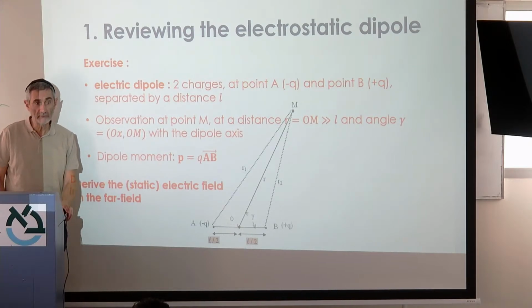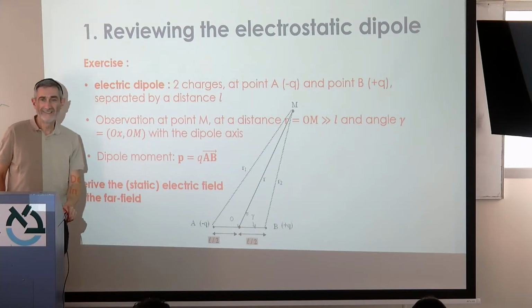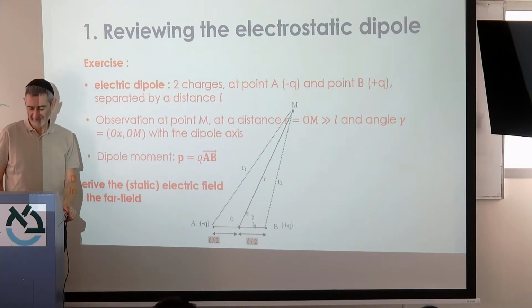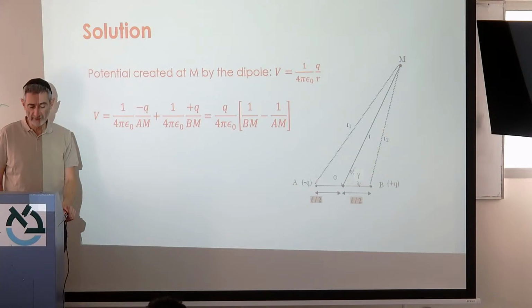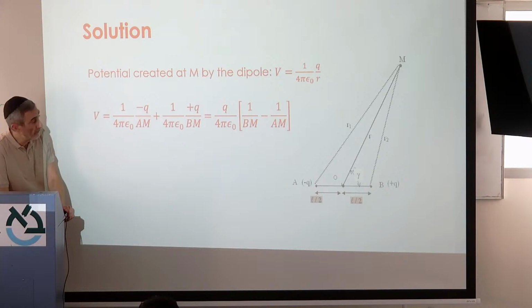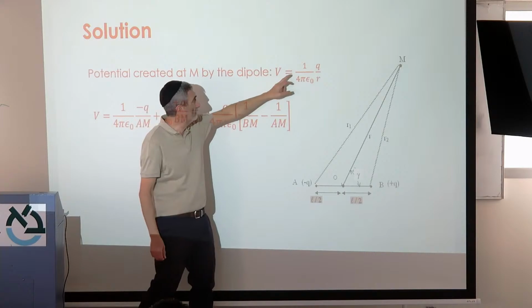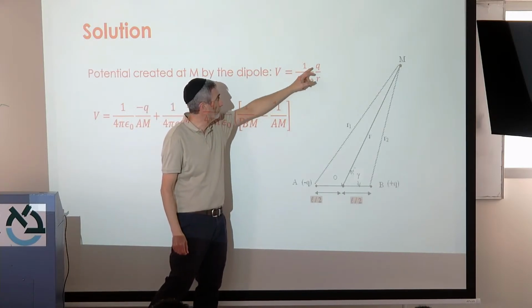So you remember how to do that? What do we start with? We start with the potential. The potential is a scalar quantity, so it's quite easy to handle. We know that the potential created at some point by a charge, not by a dipole here, V is given by 1 over 4 pi epsilon 0 times q over r.